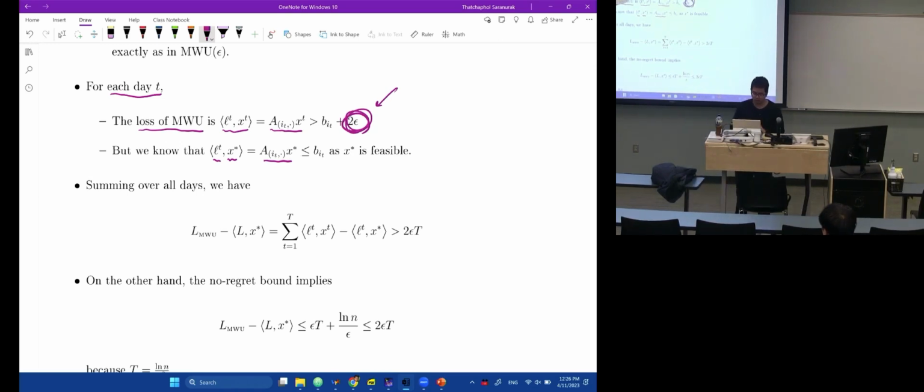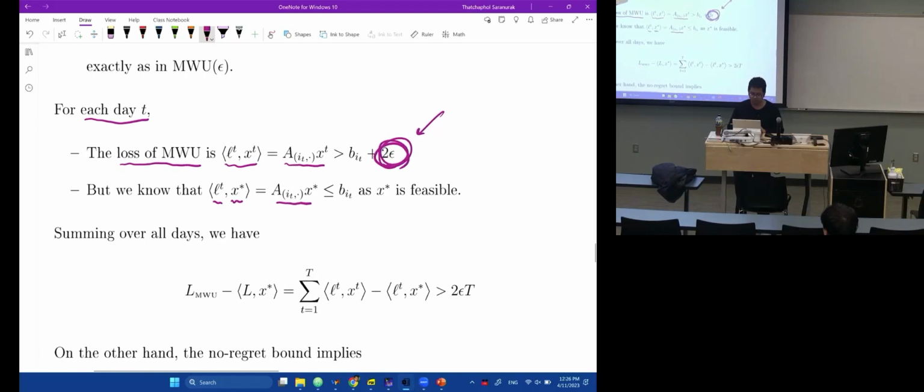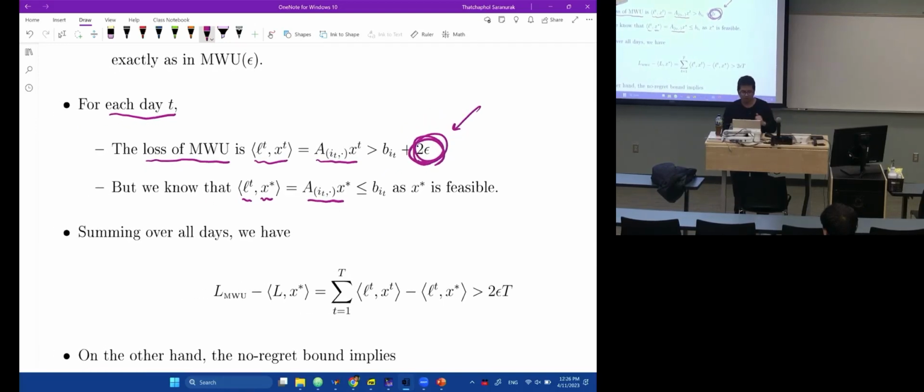But then what do we know here? What does it imply? It implies that when you compare our total loss of the weight update, and it's like the average loss of our expert, averaged by x_t. You think of x_t as a distribution of experts, right?